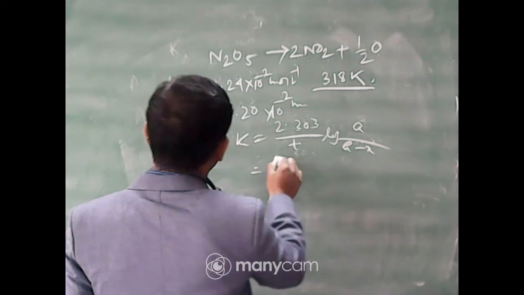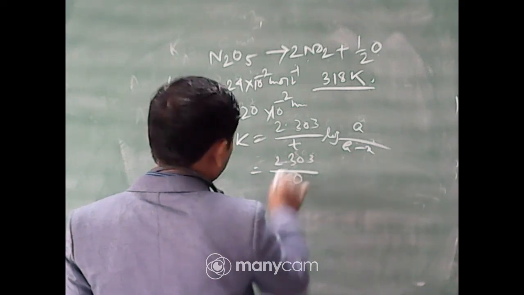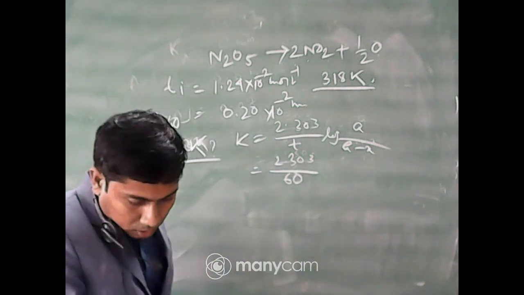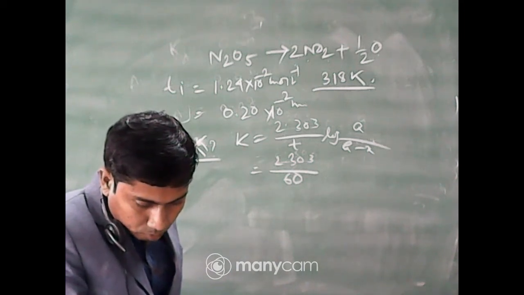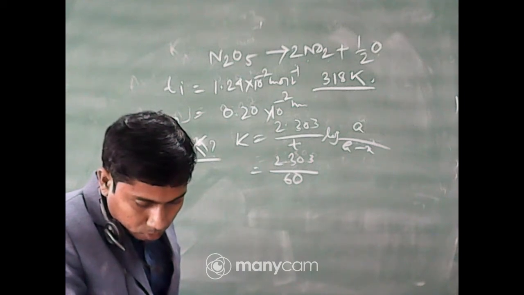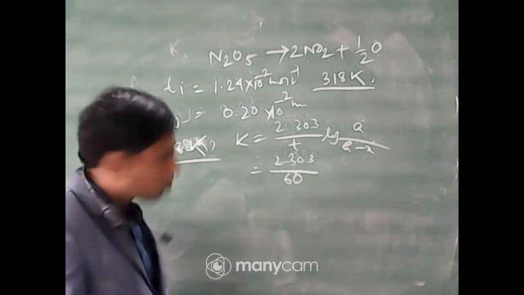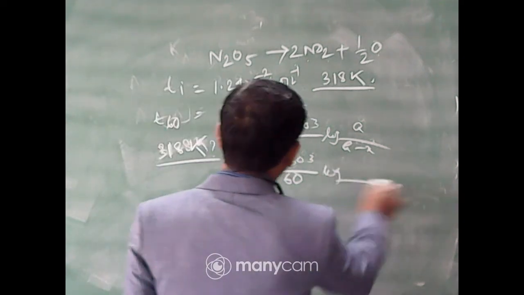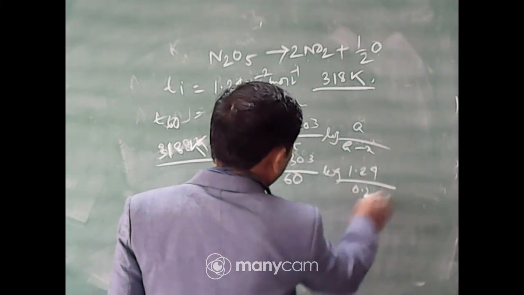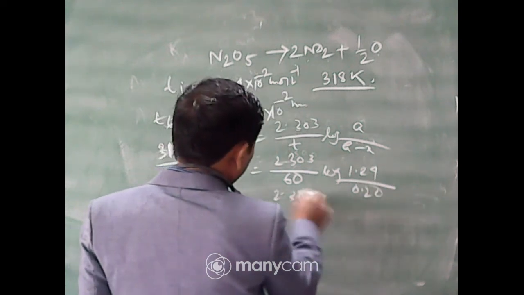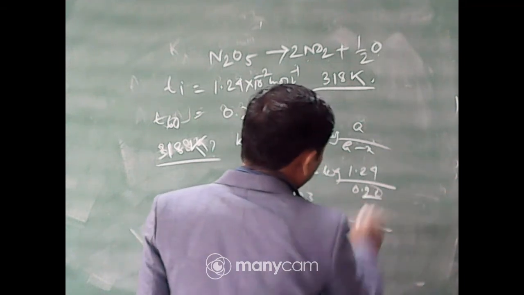So K equal to 2.303 by 60 log of 1.24 by 0.20.